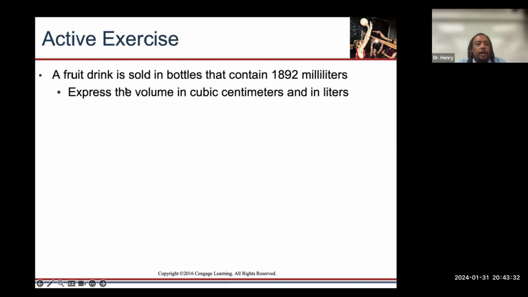Okay. A fruit drink is sold in bottles that contain 1,892 milliliters. Express the volume in cubic centimeters and in liters. In the first case, we know that 1 milliliter is equal to 1 cubic centimeter, or cc, or cm cubed.